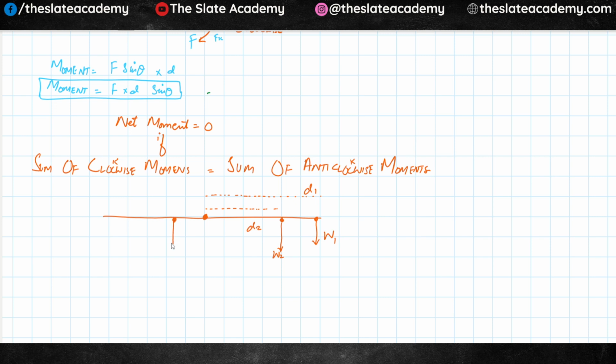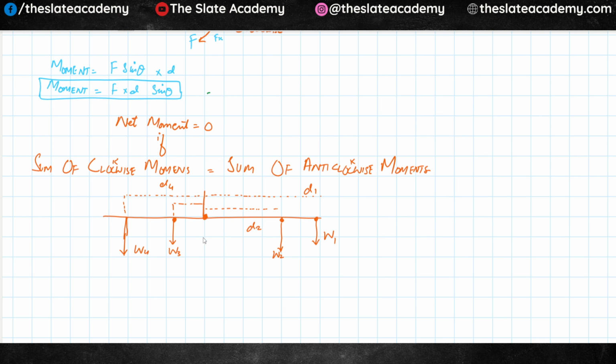On this side, you have one sitting really close to the pivot, W3, and then there is this last one sitting over here, W4, whose distance from the pivot is D4.